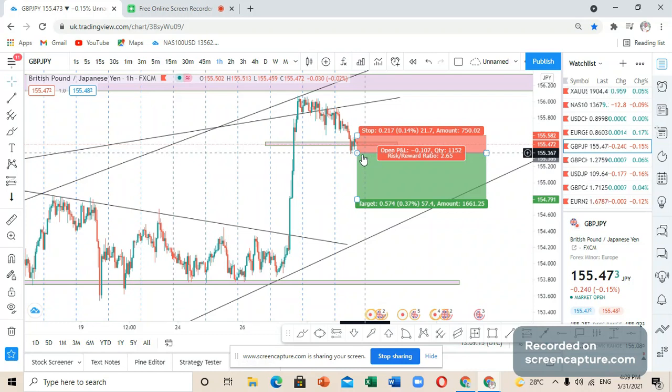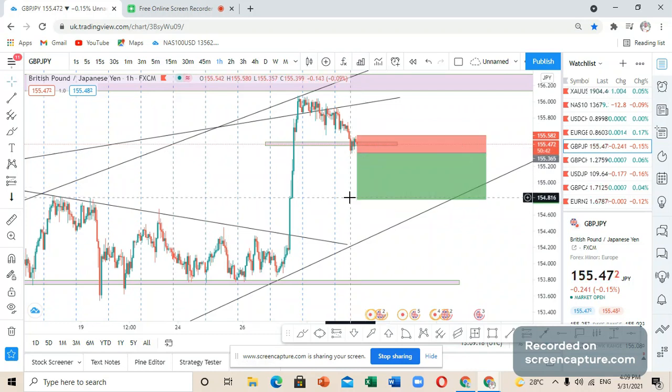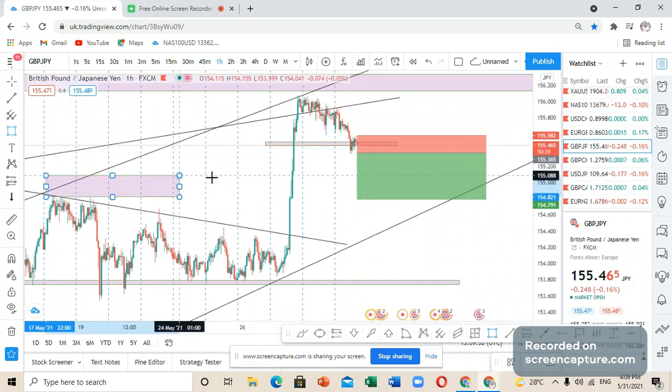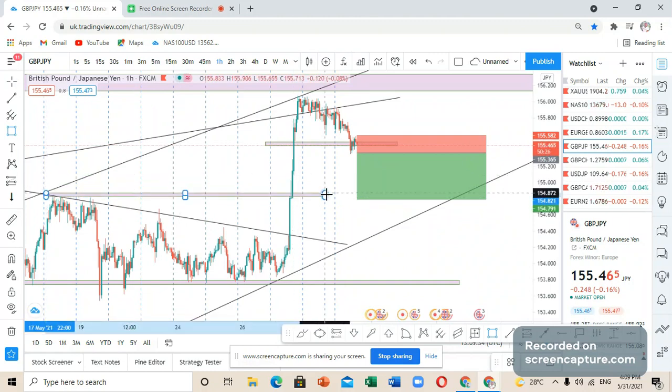I know most of you may ask me why I've placed my take profit at this position. This position has acted before as a very good point of resistance, which can turn out to be a very good point of support.